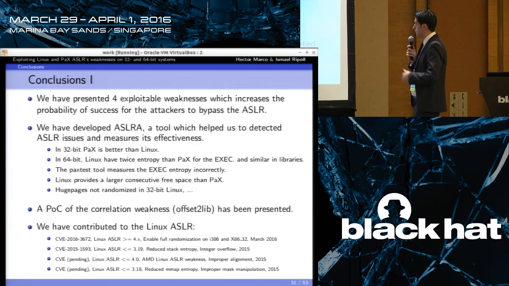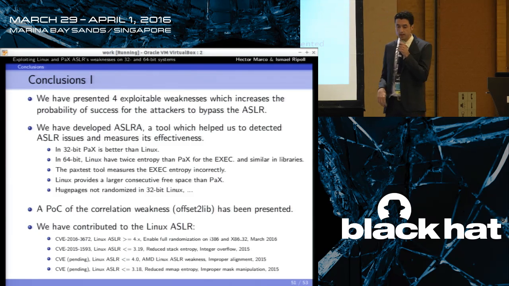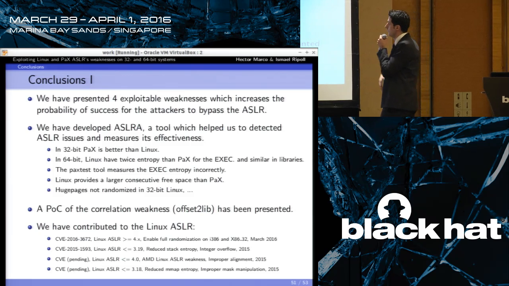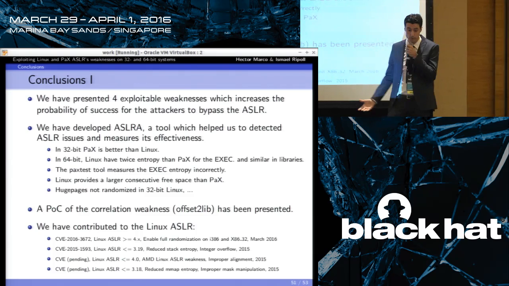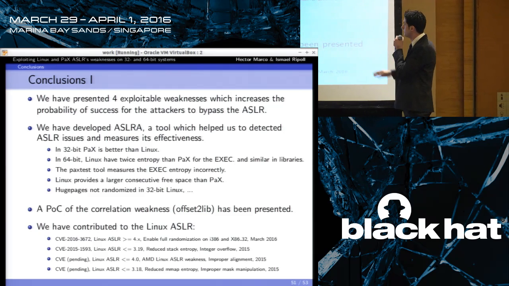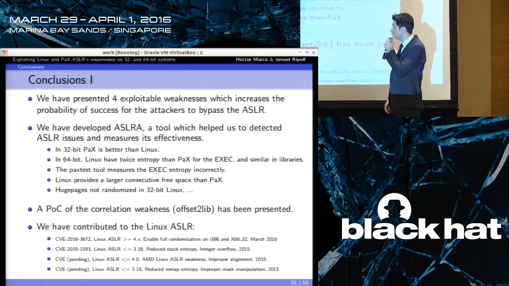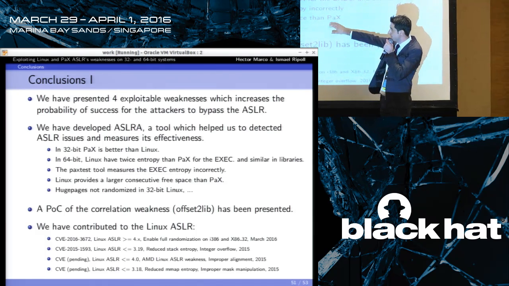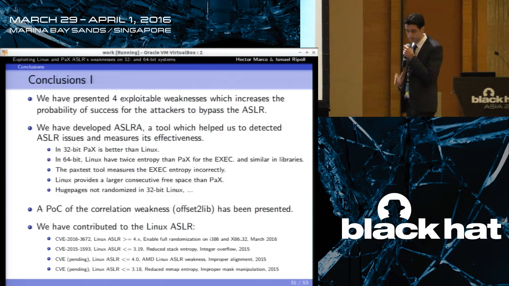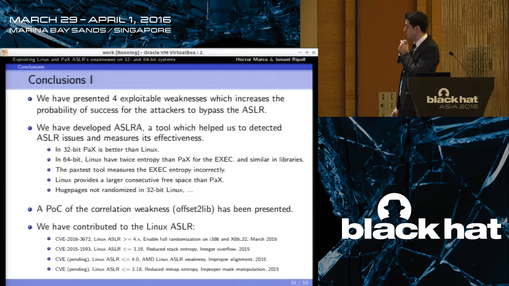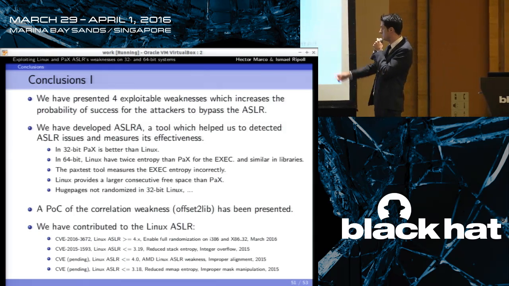We have developed a tool to measure the effectiveness of the ASLR, and thanks to that, we have found things like PaX in 32 bits is better than Linux, or that the executable is better randomized in Linux than in PaX, or that Linux provides a larger consecutive free space than PaX, which is very important for compatibility. We also showed a proof of concept of the correlation attack, or correlation weakness, the offset to lib.